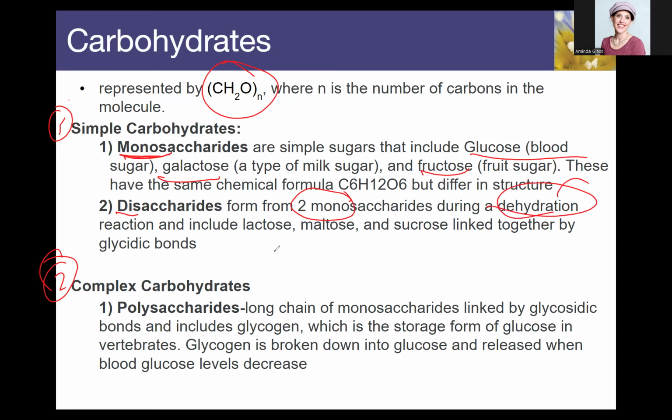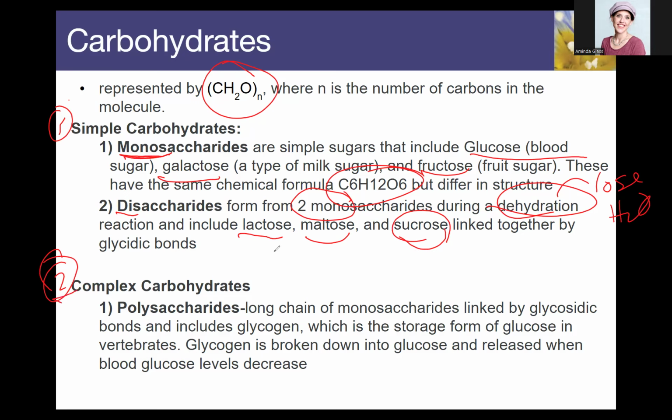So you're losing a water molecule from two monosaccharides joining together. These disaccharides include lactose, maltose, and sucrose. Sucrose is your table sugar, all linked together by glycosidic bonds.